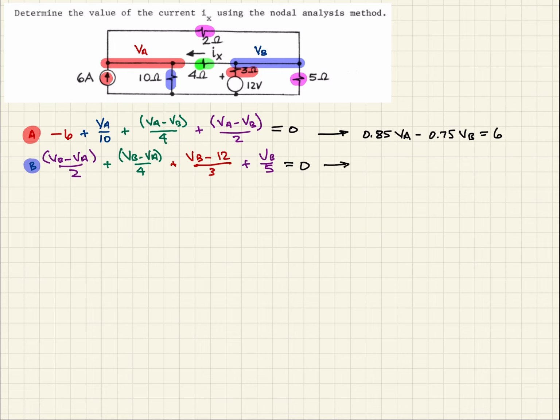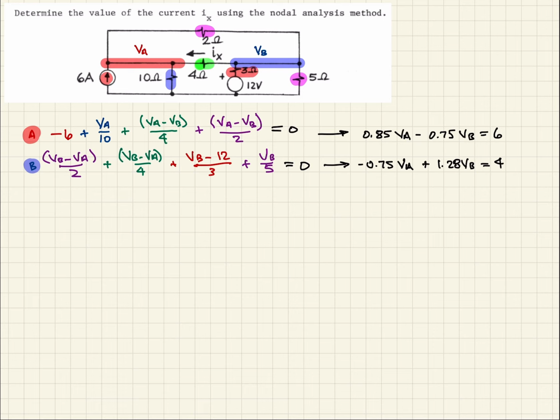And then same thing here, if we multiply through, do all the division and gather all our like terms, we'll come up with a minus 0.75 VA plus 1.28 VB, and that's going to equal 4. So there's our two equations, two unknowns.